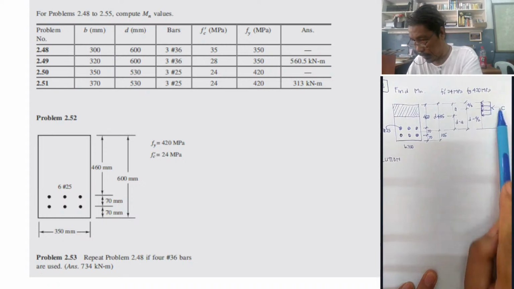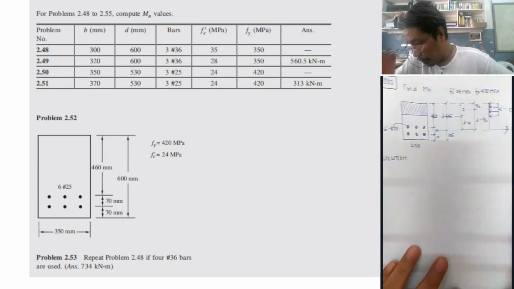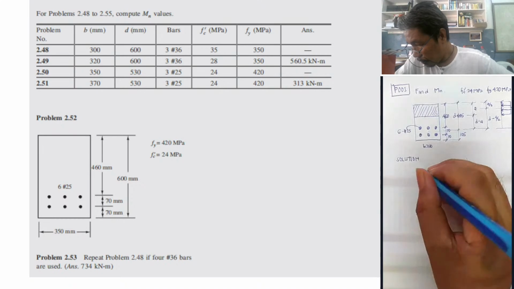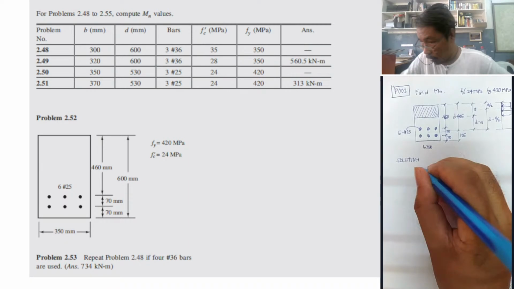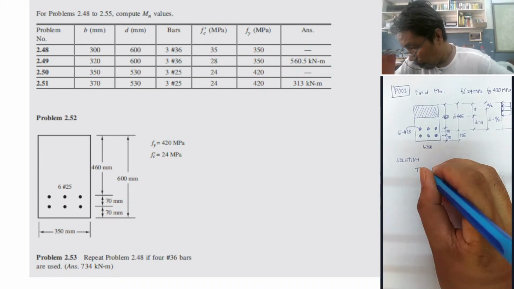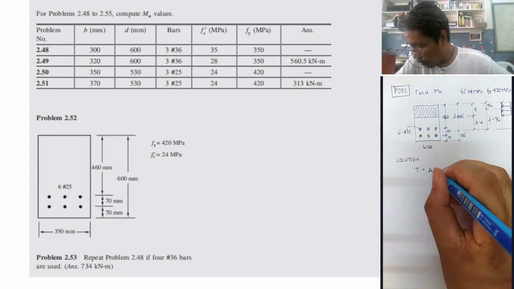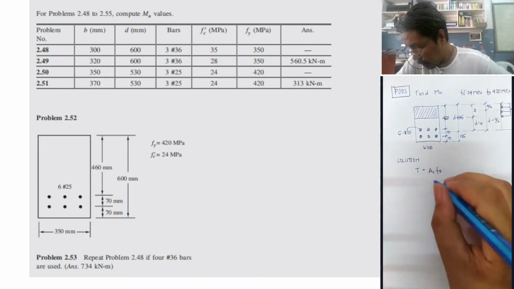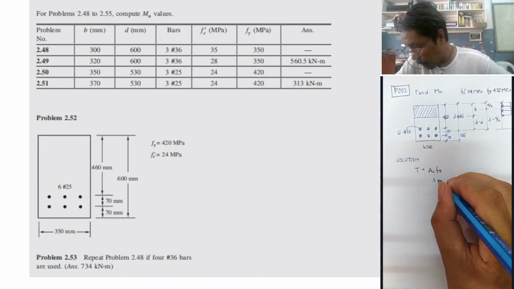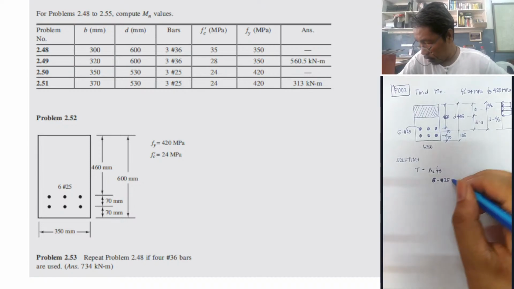So let us proceed to find out the value of T. For the value of T, we need the value of AS. So 6 number 25. What is the diameter of number 25? 25.4.